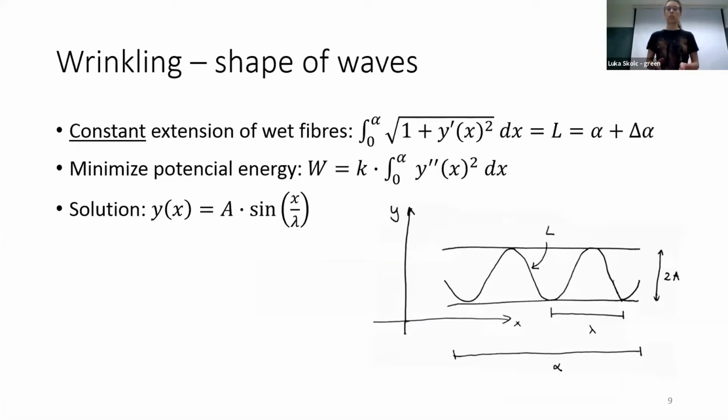And we wanted to find such a curve so that curvature would be minimal. And we used the Euler-Lagrange equation and Lagrange multipliers to obtain the solution. And the solution was a sine function with amplitude A and wavelength lambda.